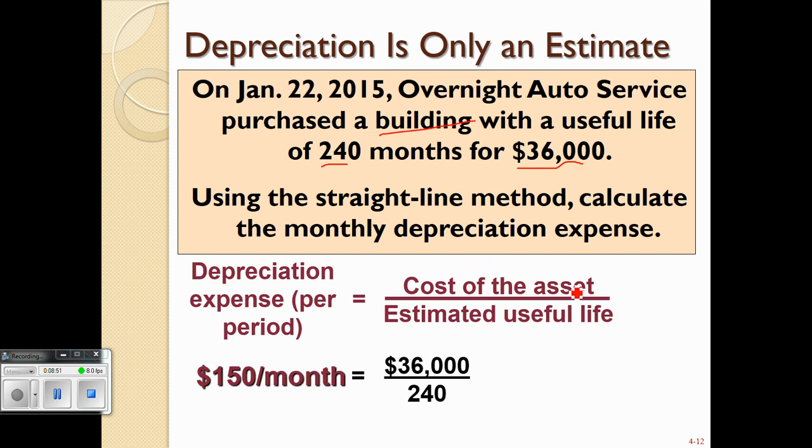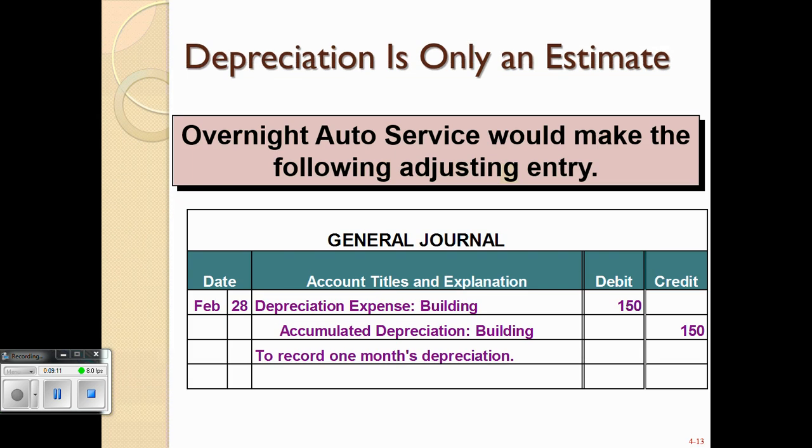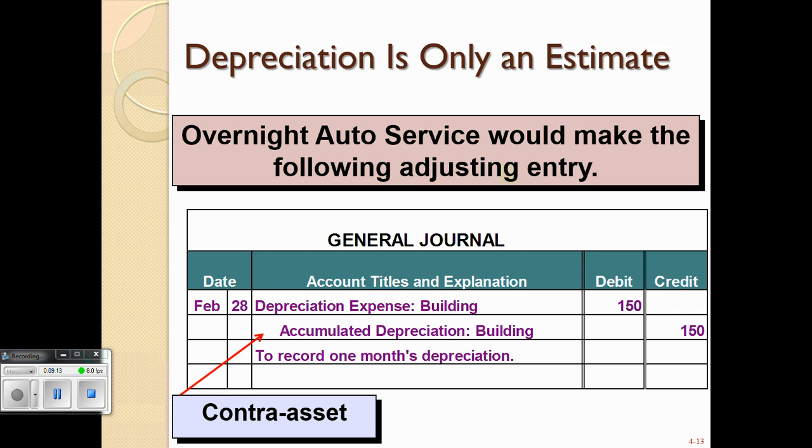What you do is you take the cost of the asset, in this case 36 grand, we'll talk about some other ways to do it later on, divide it by its useful life, which in this case is 240 months, and we come up with a depreciation expense per month of $150. So every month we're going to make this journal entry, depreciation expense building, $150. That's an income statement item, and since it's an expense and a debit, it makes perfect sense.